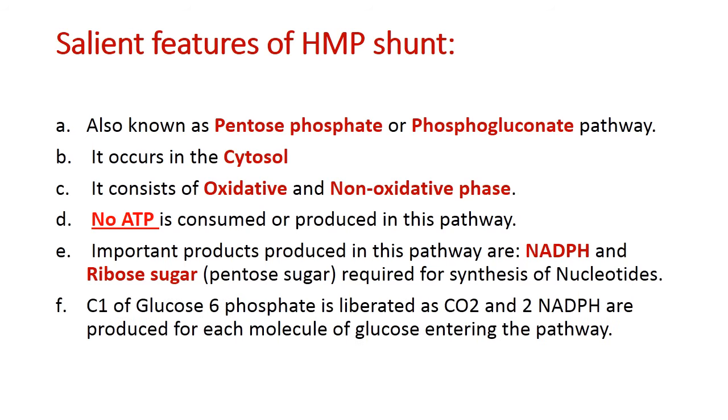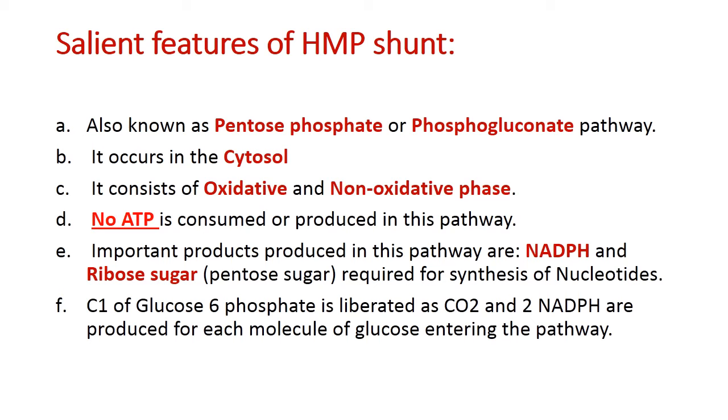The C1 of glucose 6-phosphate is liberated as carbon dioxide and 2 NADPH are produced for each molecule of glucose entering the Hexose Monophosphate Shunt. Now, there is a common question in the viva: why is it called a shunt?